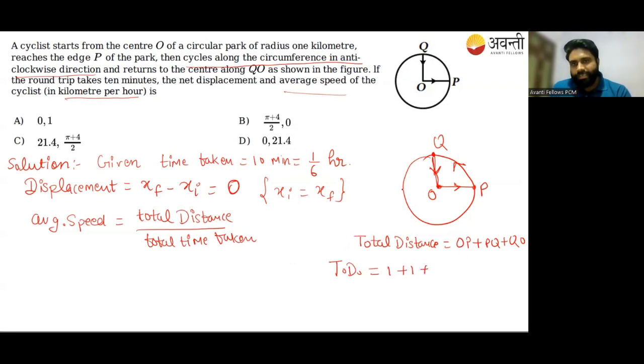PQ, if you see carefully, is one-fourth of this circle. This part is 1, 2, 3, and 4.